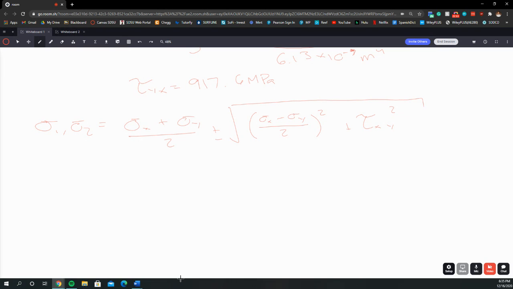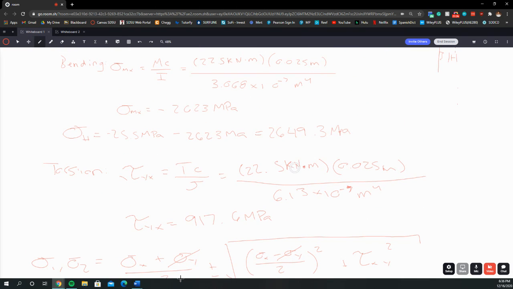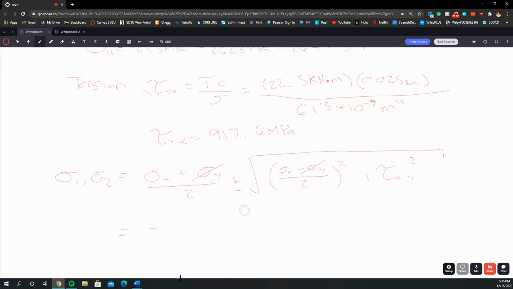So we only have normal stress in one direction, so one of these can go away. If we did have stress coming at it from, say, the sides of the cylinder, then we wouldn't be able to put that away, but that's not the case in this problem. So we have negative 2,649.